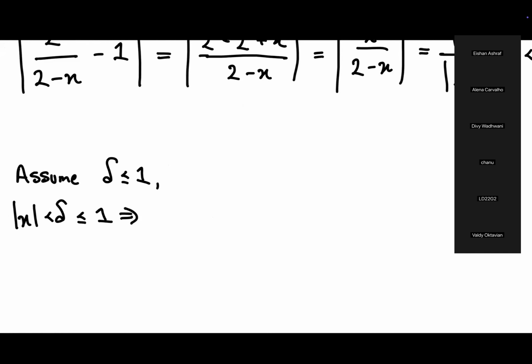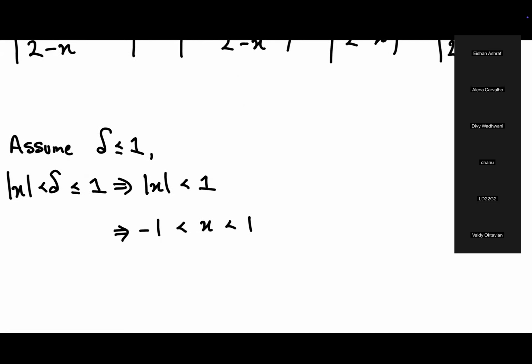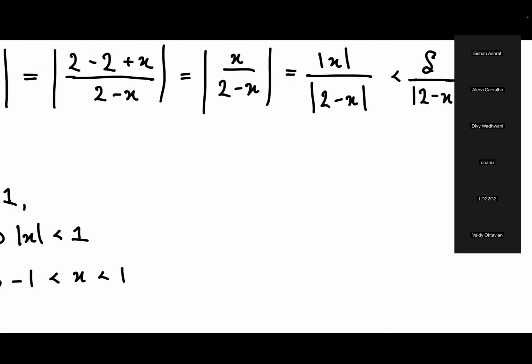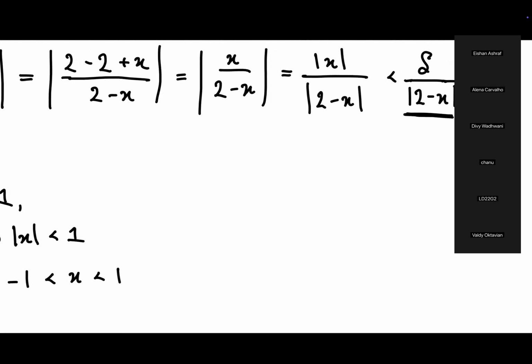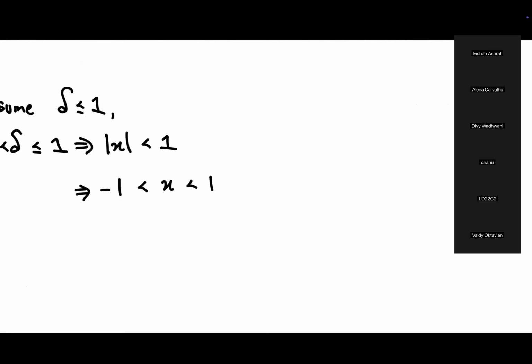So that implies that the absolute value of x is less than the value of 1. What does that really mean, though? By absolute value properties, we know that means that negative 1 is less than x, which is less than 1. Now let's try to get it in the form of 1 over the absolute value of 2 minus x. First thing we're going to do is multiply by negative 1.